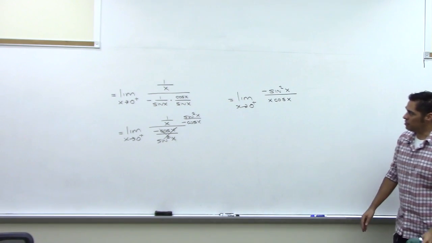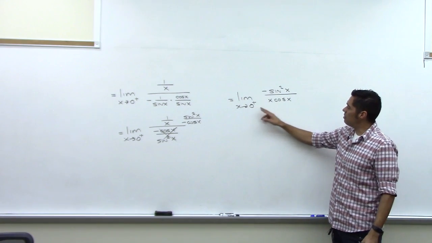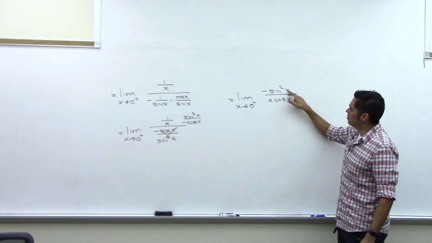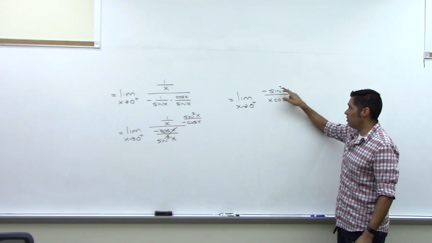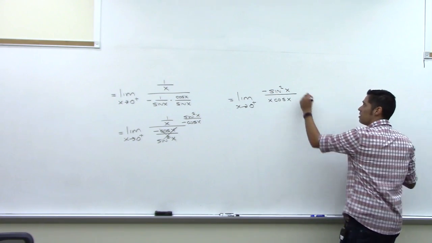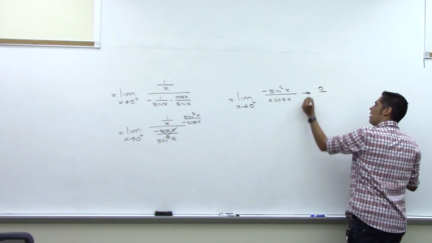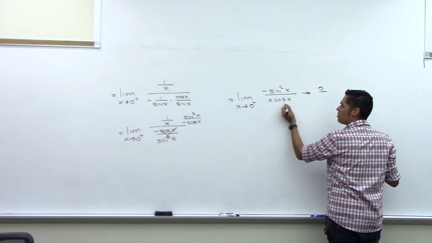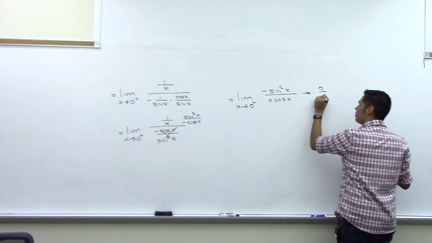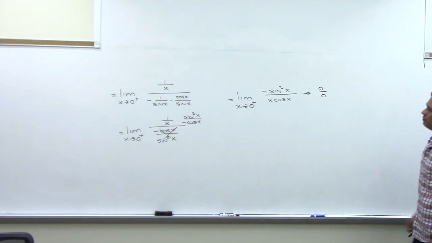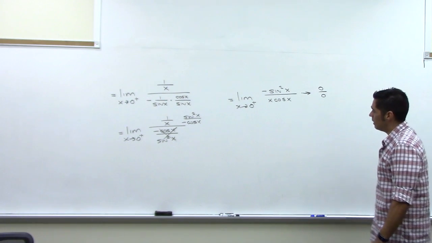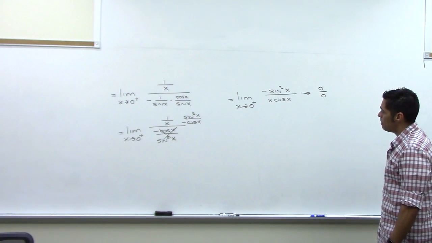What happens as x goes to 0? We get sine of 0, which is 0, squared 0, negative 0, so it's 0 on top. And then 0 times cosine of 0, which is 1, so this is 0 over 0. I'm really hesitant to do L'Hopital again, because I could probably get this without L'Hopital.